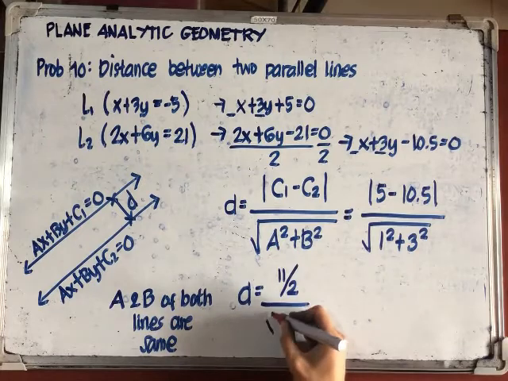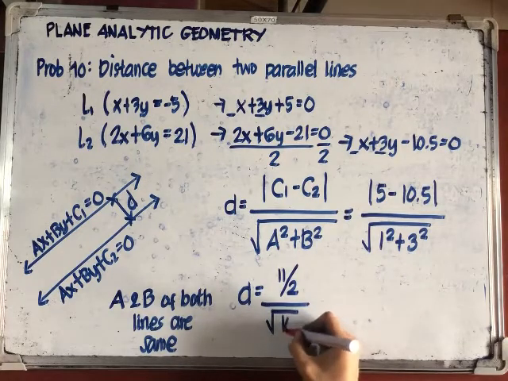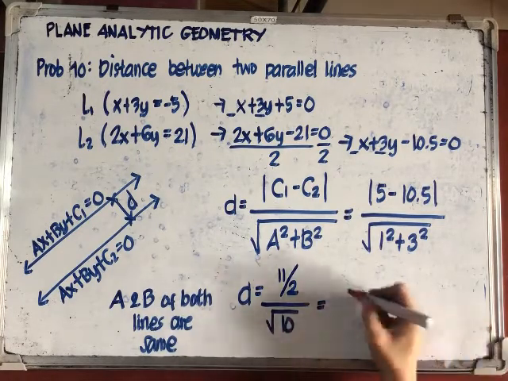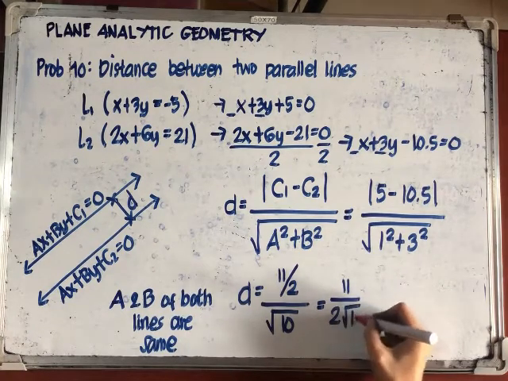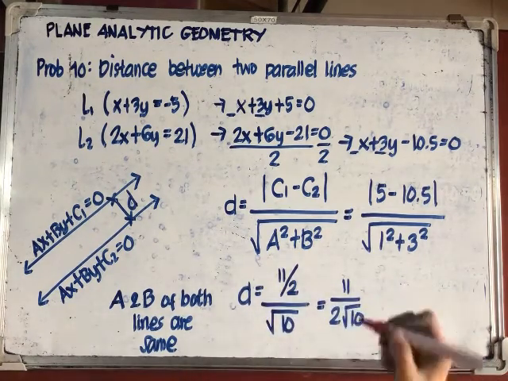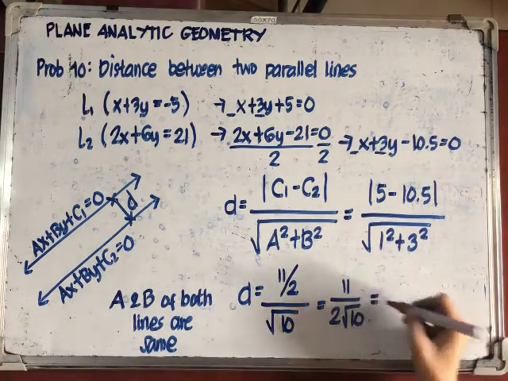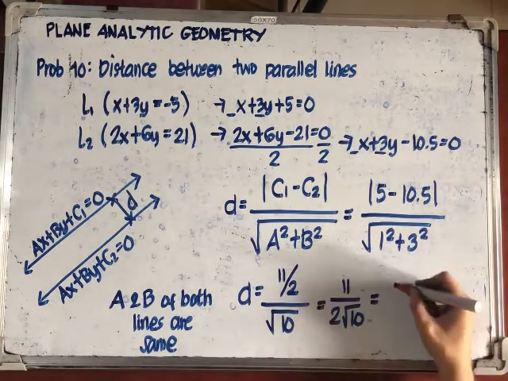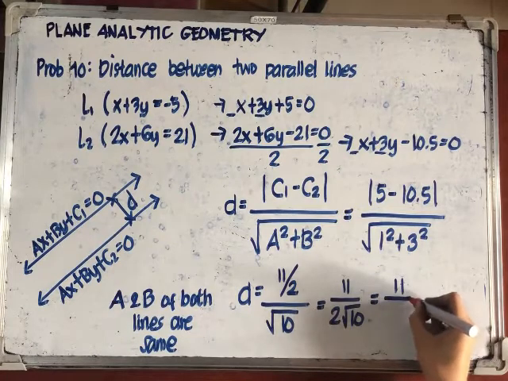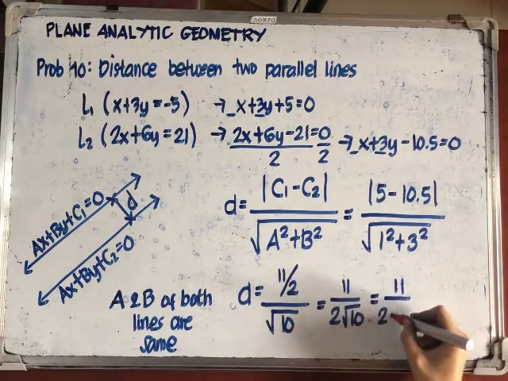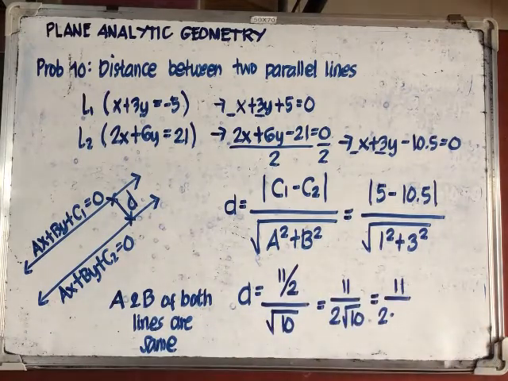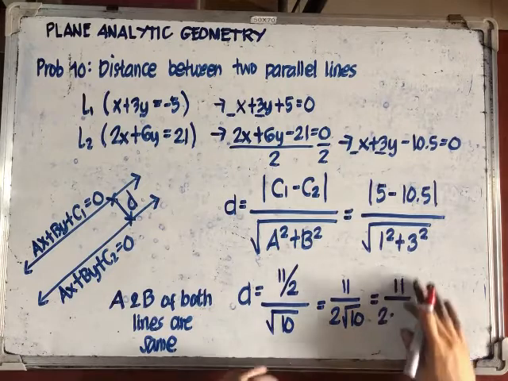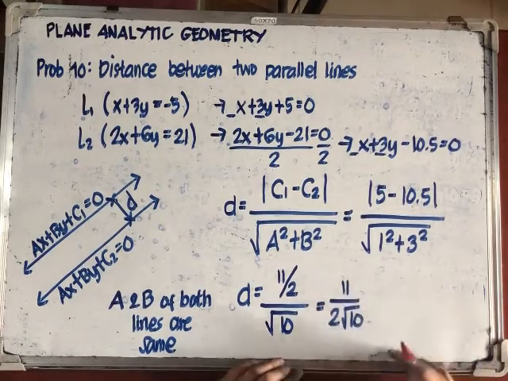That would be the square root of 10. Right? So, we have 11 over 2 square root of 10. Okay. Ilan ba ang square root of 10? This would be 11 over 2 times square root of 10. Square root of 10 lang pa rin siya, di ba? Okay. So, ganun lang pala. Hindi na natin siya ma-simplify.